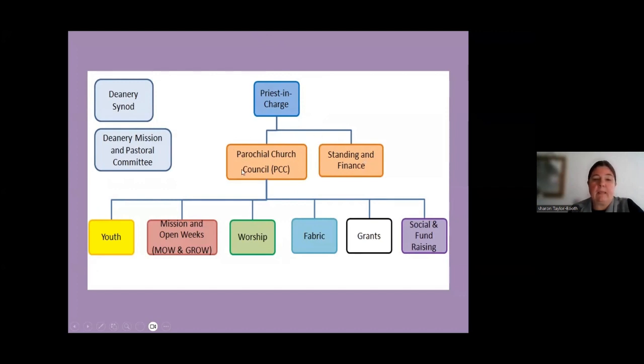And the PCC runs and guides all of the mission, the youth work, the worship, okay? The fabric of the building, looks after the grants and social fundraising. Now, what's a little bit sad for me is for a priest in charge, the worship is quite a small part of this. So you do have to understand how we look after the fabric, how we look after the grants, and how we look after social fundraising, etc.